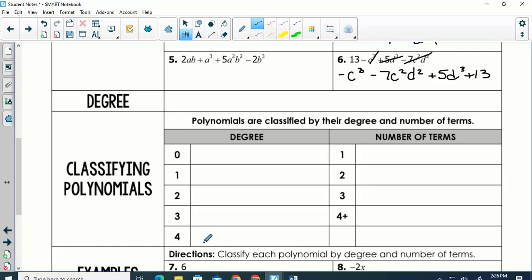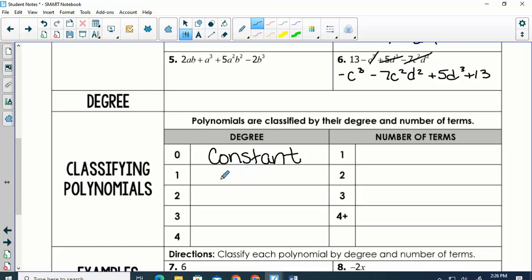And our terms are separated by addition and subtraction. So anything with a degree 0, so no variables, is called a constant. So if there's no variables, that's just a number. 2, 6, -8. Those are all just plain numbers, so those are considered constants. So if our degree is 0, no variables, it's a constant.